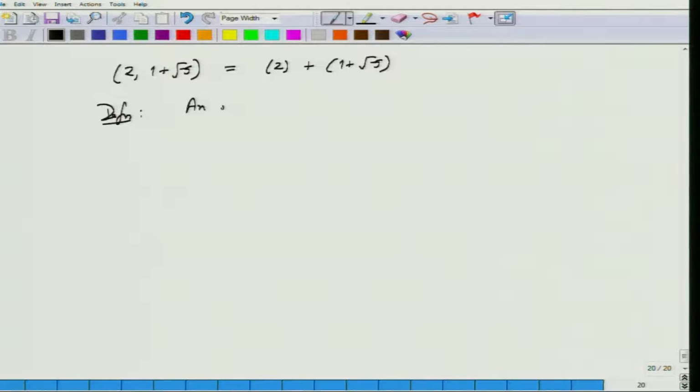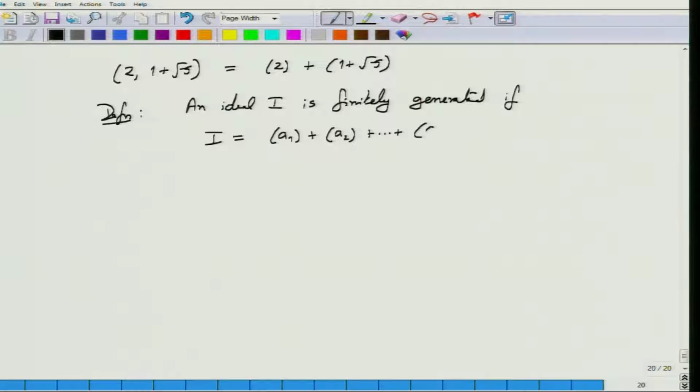So this ideal is also finitely generated. So in general, we say an ideal is finitely generated if it can be written as a sum of finitely many principal ideals.